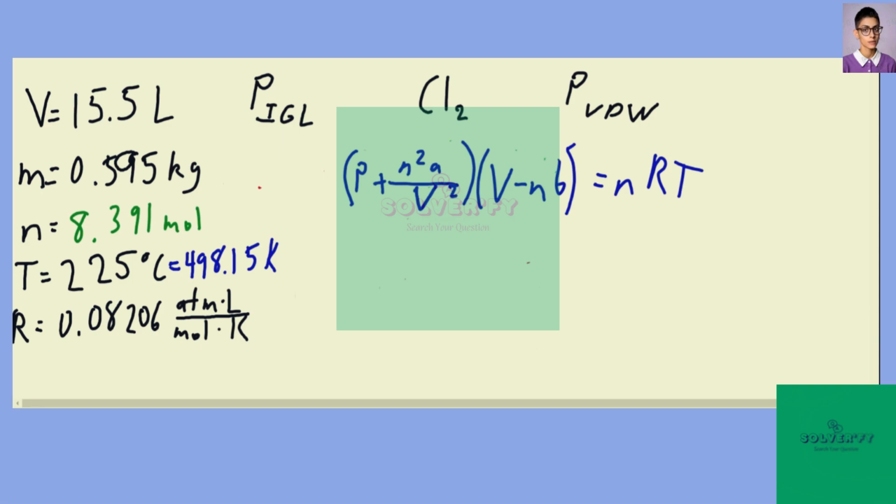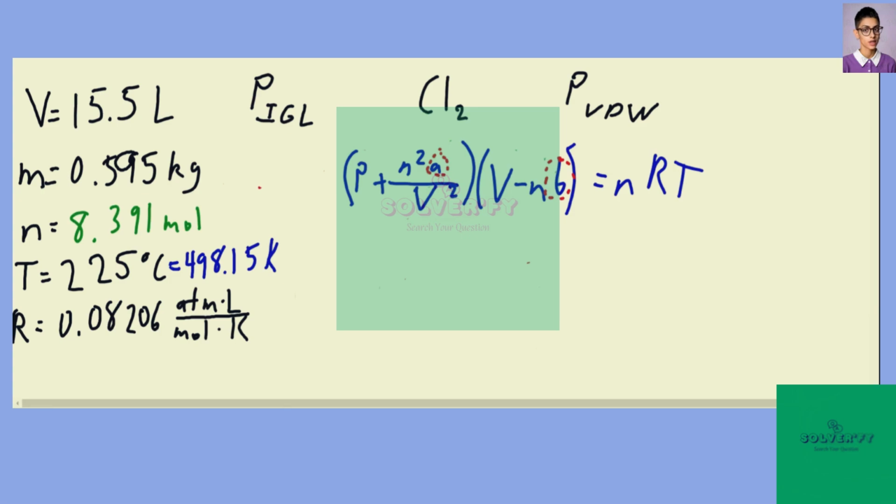So what's important also in this equation is A and B. These are constants that vary according to the gas. In your book, you'll find in table 5.4 what these are.